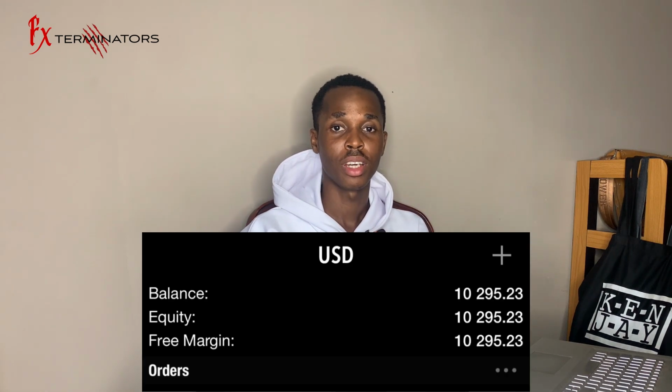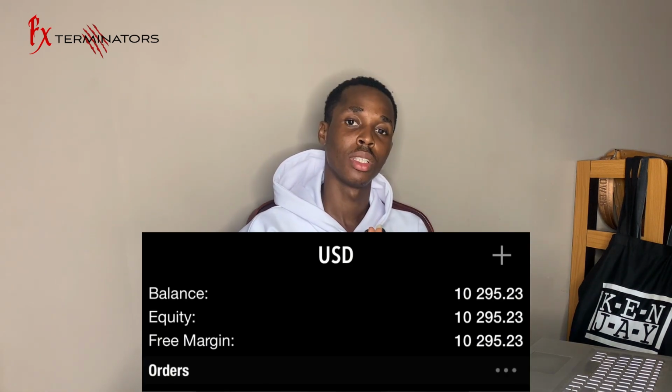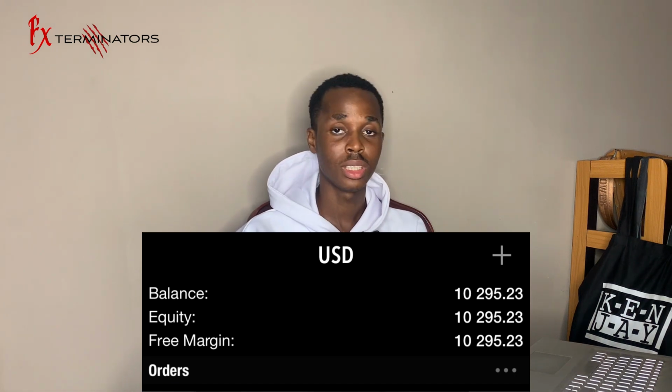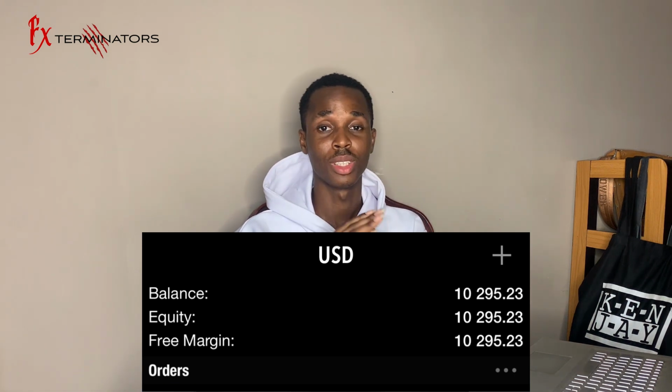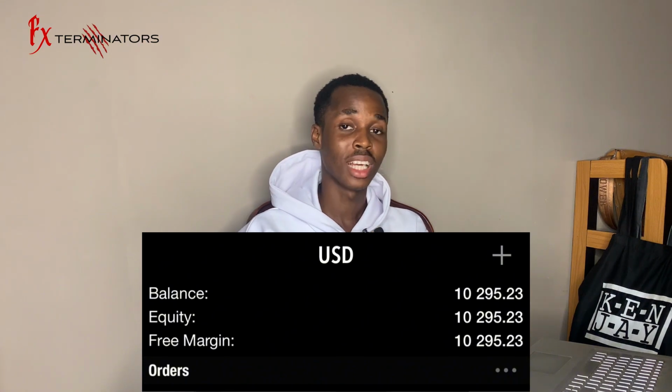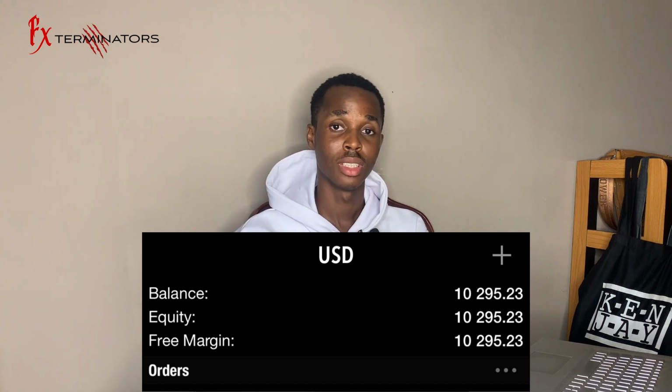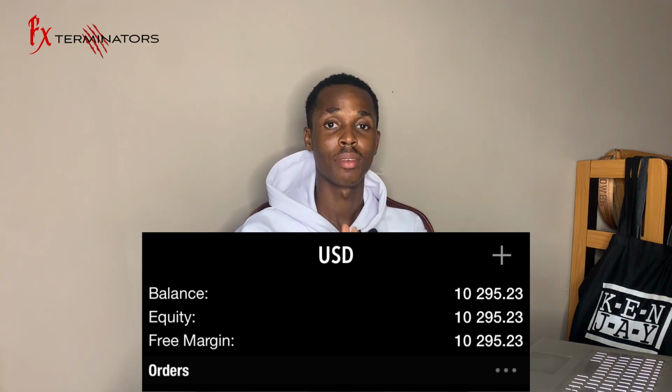On our MT5, we have a place where we see our balance, our equity, and also something called a margin. Most times they're all the same, just like the one you're seeing on the screen, right? The values are the same, but they have different purposes. So let's start with the balance.